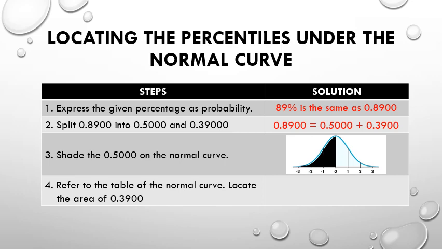And then, number 4. Refer to the table of the normal curve. Locate the area of 0.39. So, ato dayong i-locate kung unsay z value sa area nga 0.39. But, the area is not found in the table. Ngano man kang not found in the table man? So, atong tan-awon.